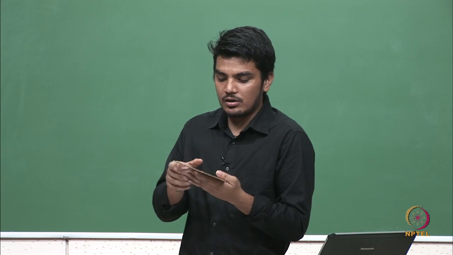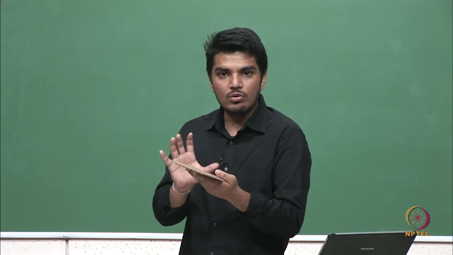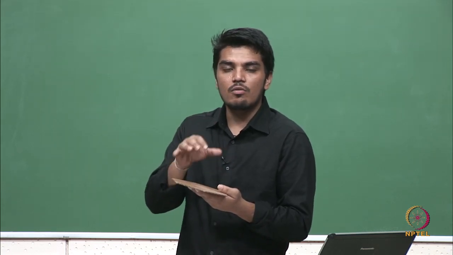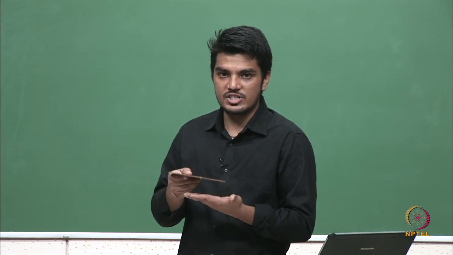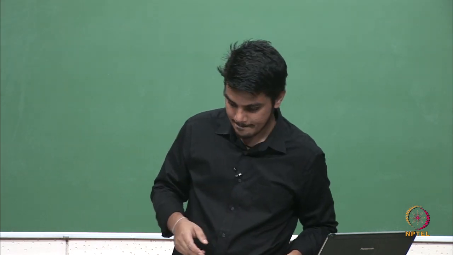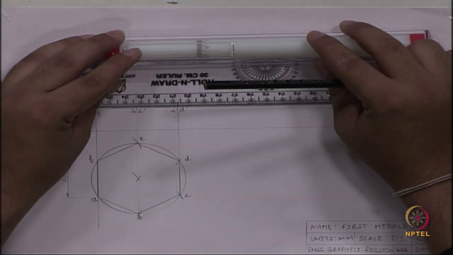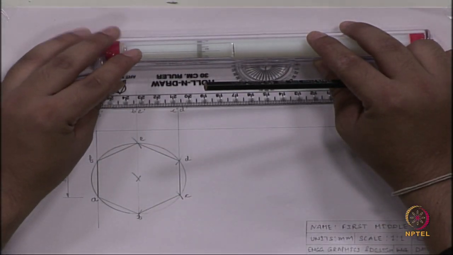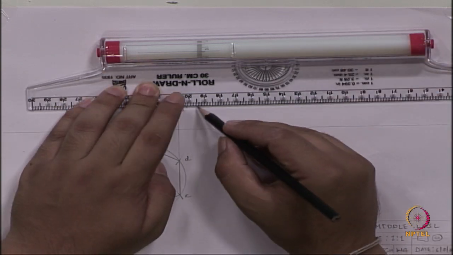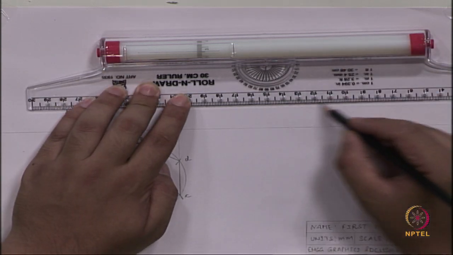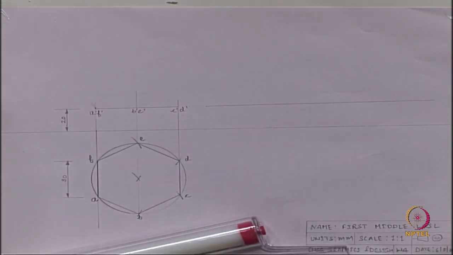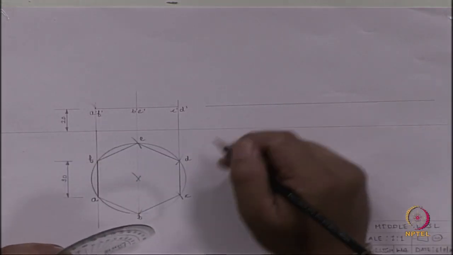So we will first start drawing the front view, and using the projection of the front view we will draw the top view for the second orientation. We will draw a 30° angle from any random point.